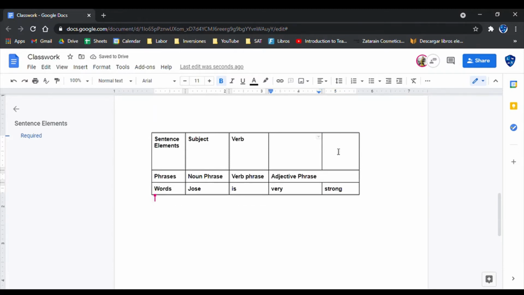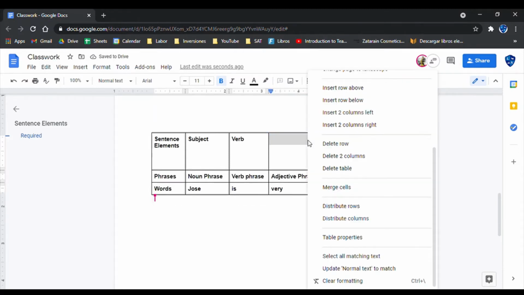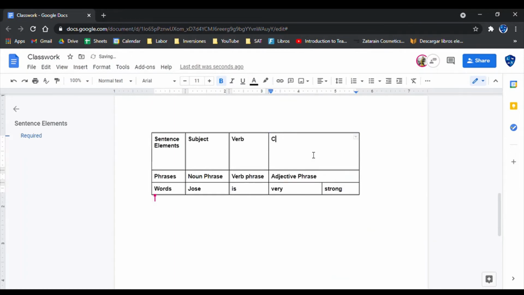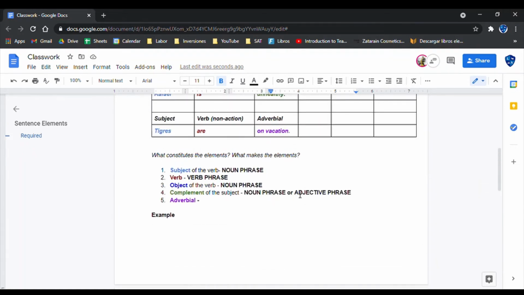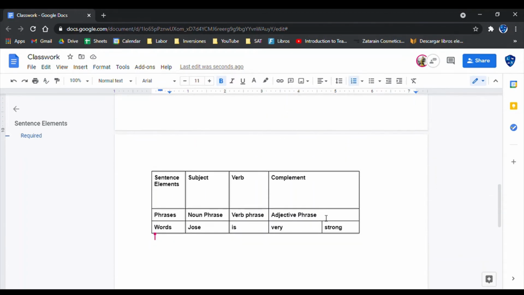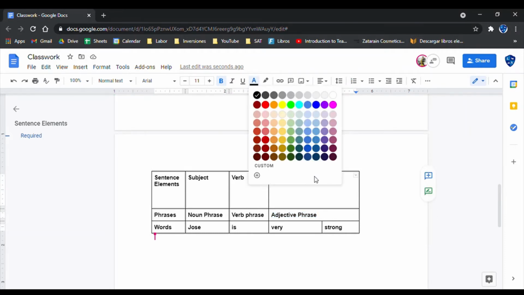Complement. Ralph, this is not an adverb. It is a complement. Why? Because complements have adjective phrases. So here we have an adjective phrase, so it must be a complement.